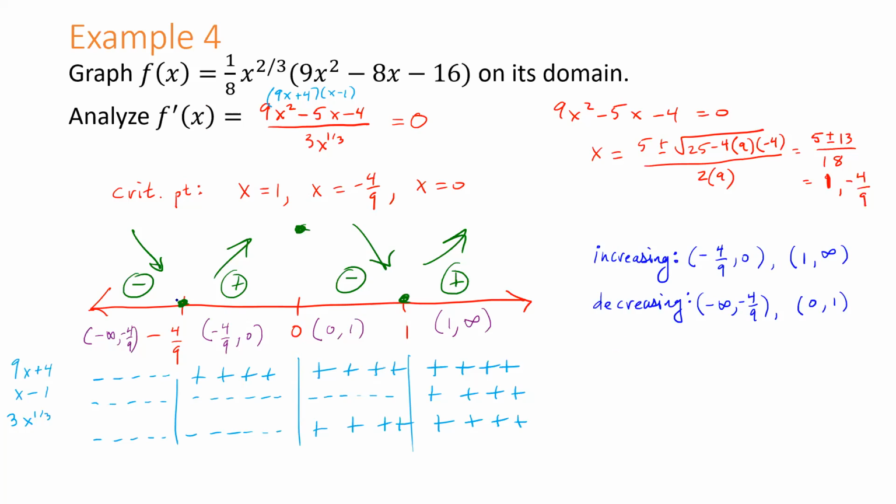Moreover, we have these other points where we know it's switching from decreasing to increasing, so that's going to be a local minimum. Or here, where it's switching from increasing to decreasing, so that'll be a local maximum. And then here we're going to have another local minimum. So there's going to be 2 points that are local minimum values, and then 1 point that's a local maximum value.